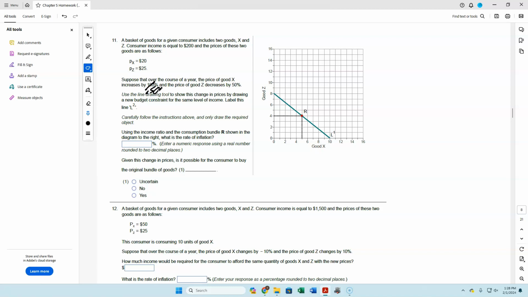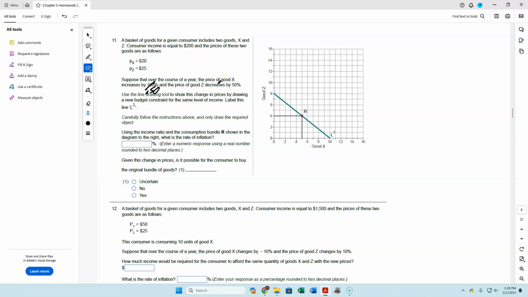Well, then what you're going to see here is that I've got one increasing by 150, the other decreasing by 50.